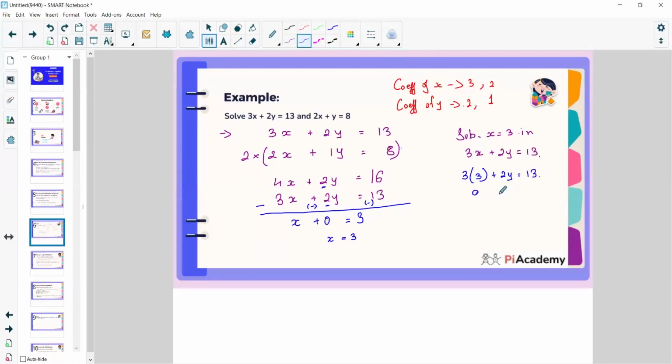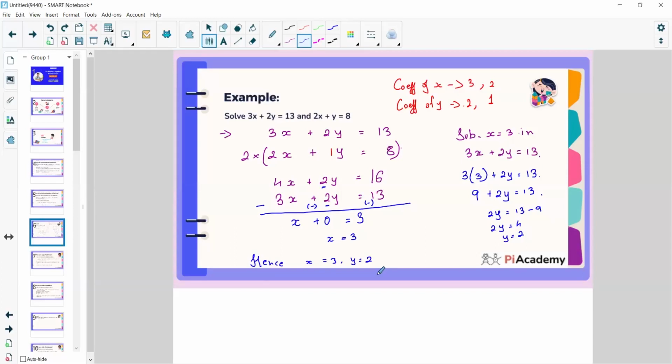This is 9 plus 2y equals 13. Now what do we need to do? Our job is to find the value of y, isn't it? So we'll be subtracting 9, isn't it? So we will have 2y equals 13 take away 9. 2y equals 4. So what is the value of y? The value of y is indeed 2. Hence, x equals 3 and y equals 2.